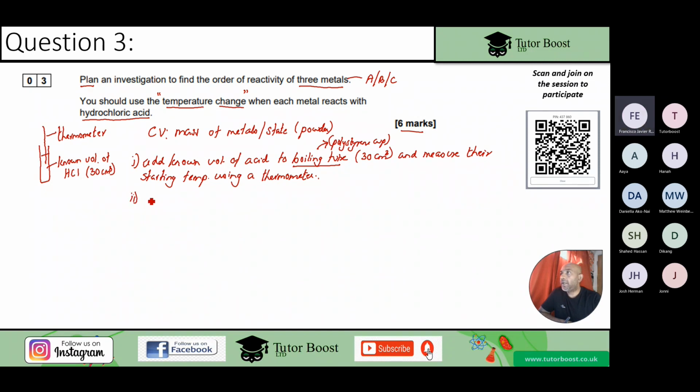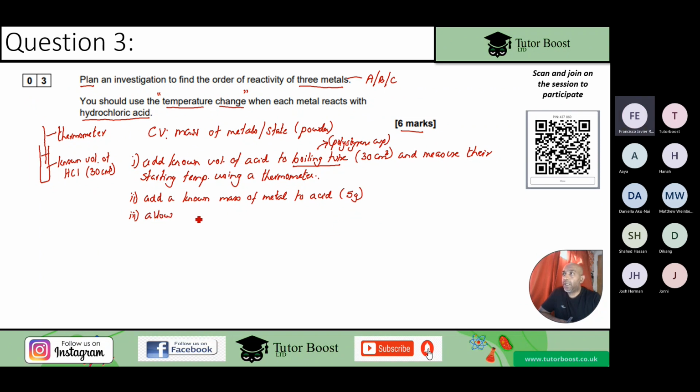So add a known mass of metal to acid, let's say 5 grams. And here I'm going to allow all of them to react and then to dissolve.